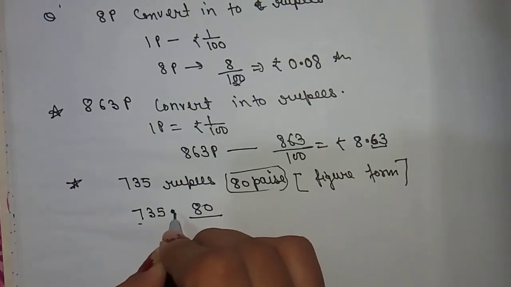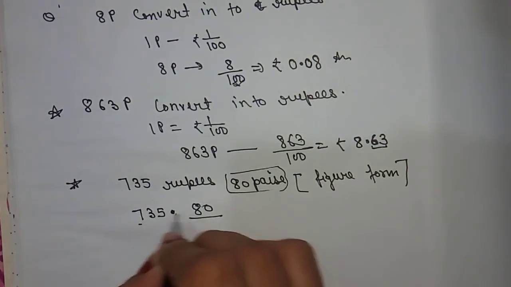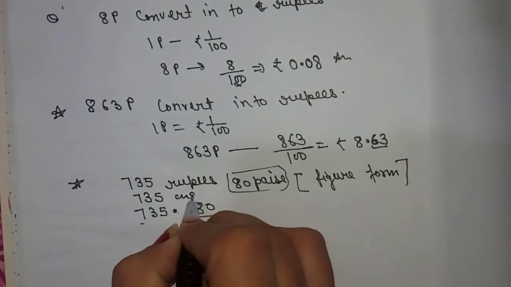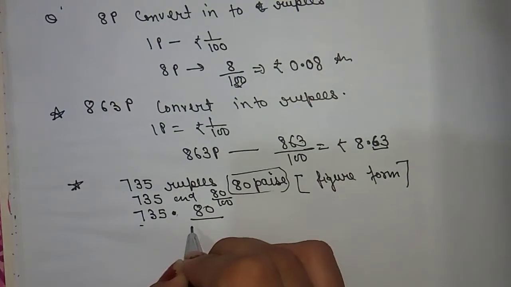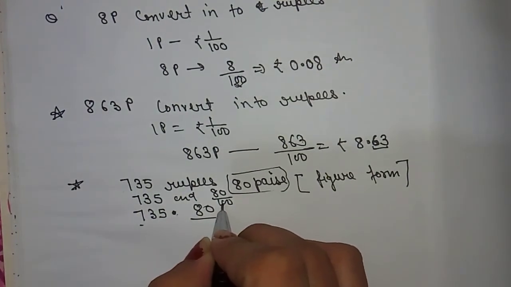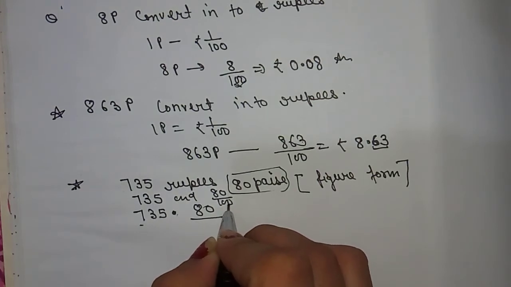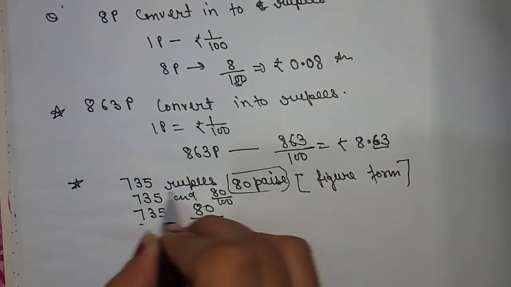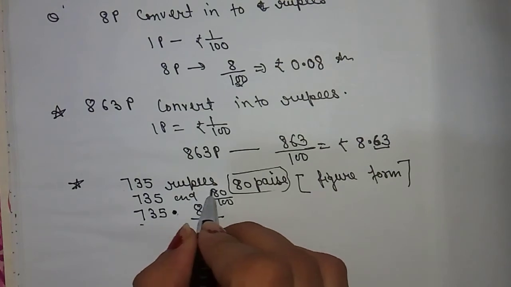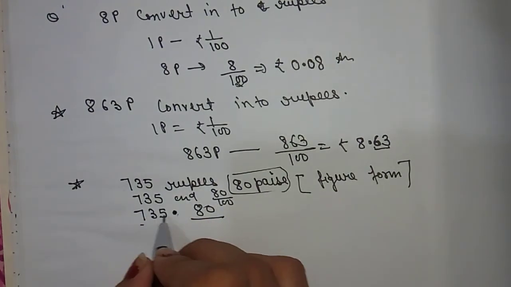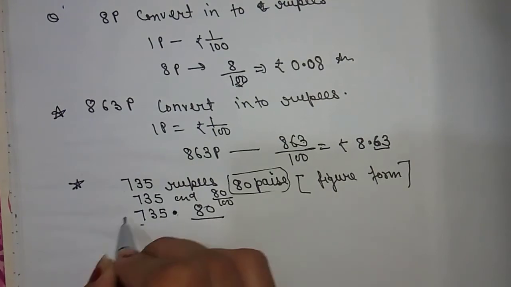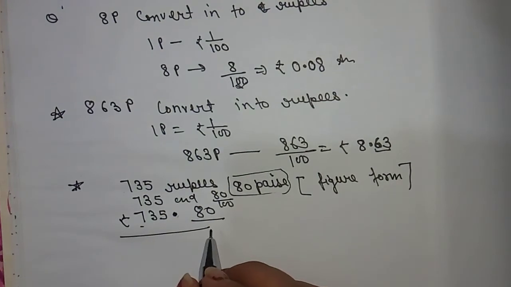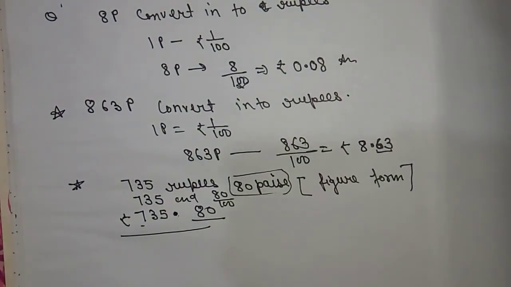If you don't want to put a decimal, you can write it like this: 735 and 80 upon 100. You know that if you have 2 zeros in the denominator, you put a decimal before 2 digits. So your answer becomes this: you can convert 735 rupees 80 paisa into 735.80. This will be your figure. Now the complete term is in the form of rupees. So you have completed your exercise.